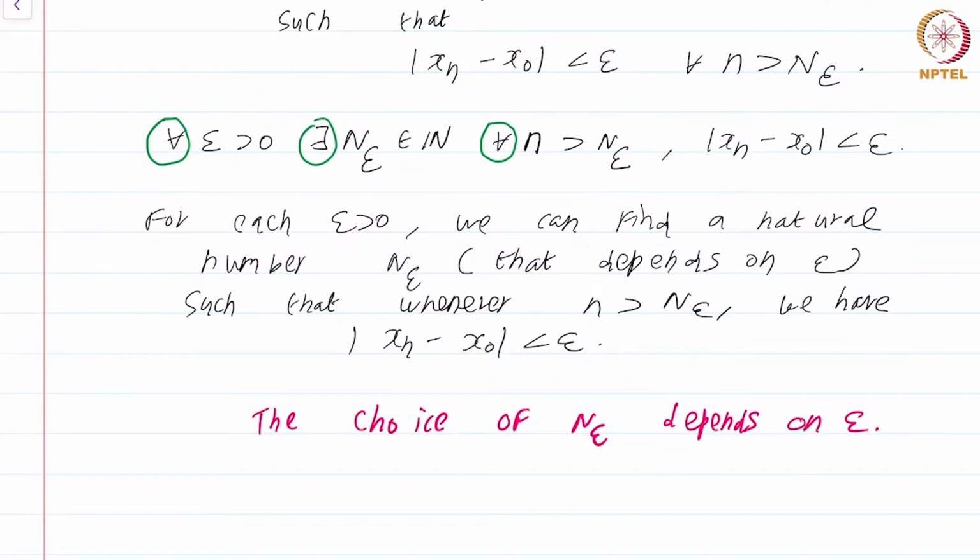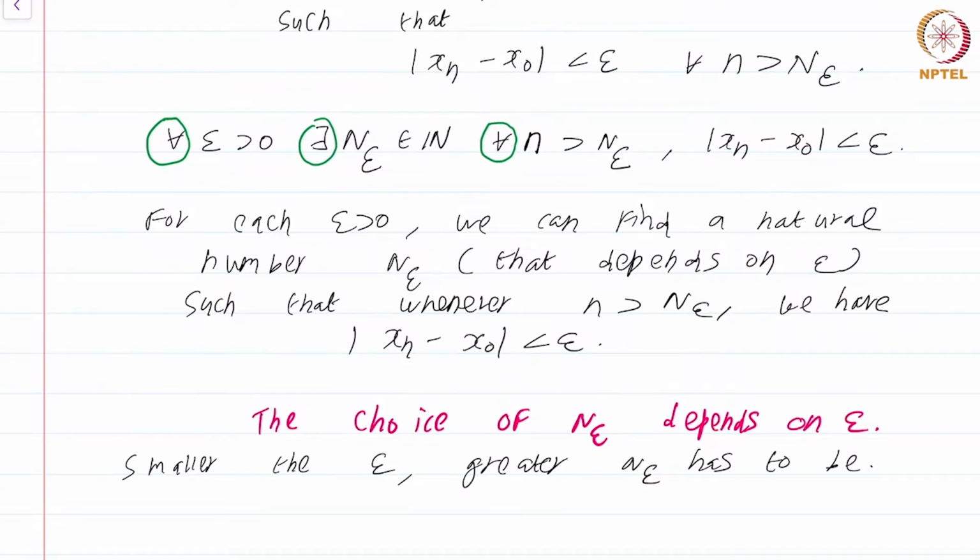Okay. So in general, smaller the epsilon, greater N_epsilon has to be. This is just a general statement. It's not always the case, but in general, you have to choose higher N_epsilon whenever epsilon is smaller.